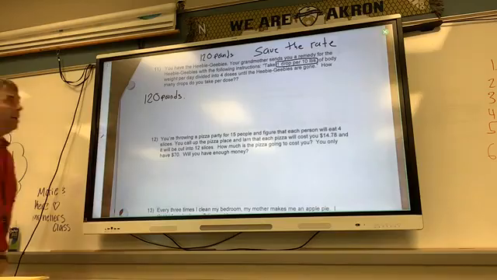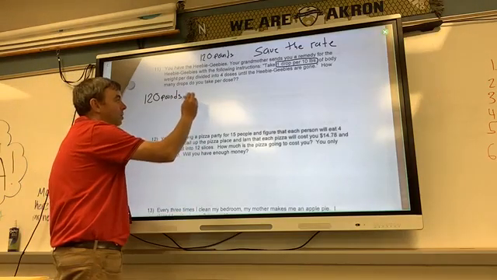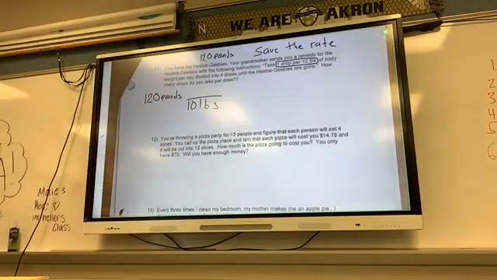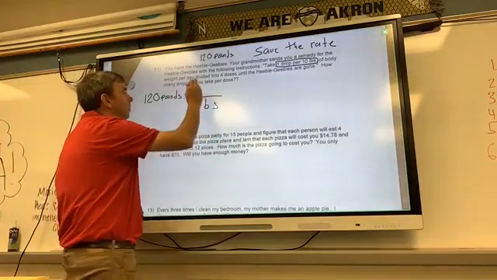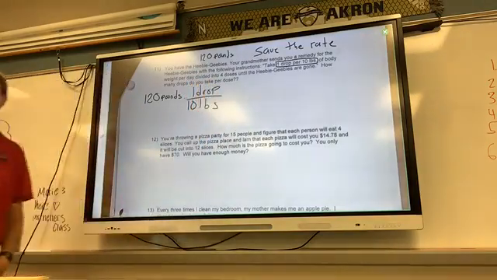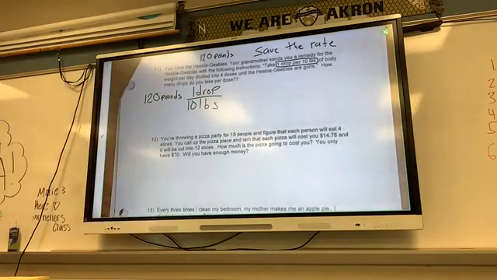So I know that for every 10 pounds, how many drops do I need? 1 drop. Agreed? Yes. And then that's going to be divided into 4 doses.